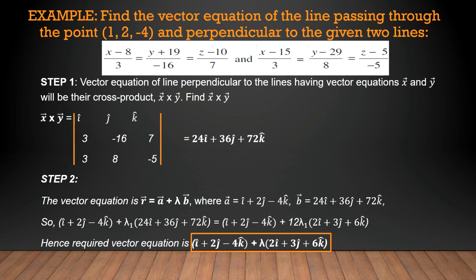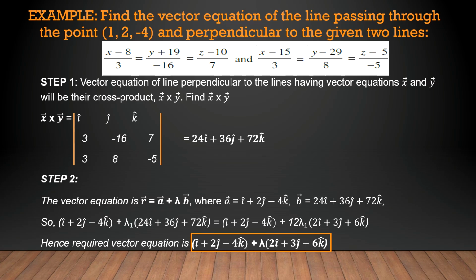Next, a different kind of example: find the vector equation of a line passing through the point 1, 2, minus 4 and it is perpendicular to the two given lines. That means I want to find the equation of a line which passes through a point and it is perpendicular to not one but 2 given lines. Now the first concept we are going to use over here is, suppose I have two lines x and y, then the perpendicular line to both of them will be x cross y.